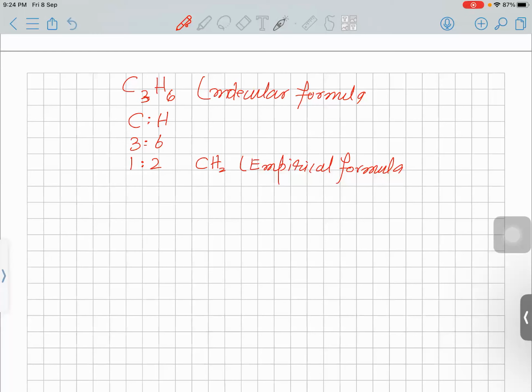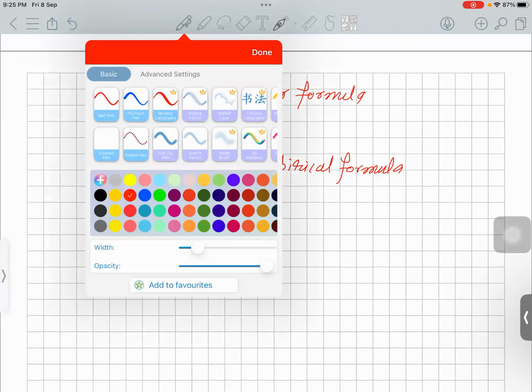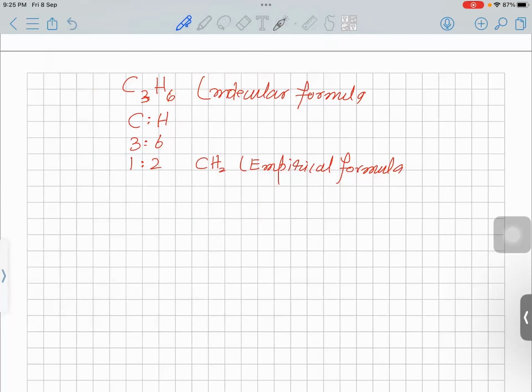Now look at another example. H2O. Now hydrogen and oxygen 2:1. So here empirical formula and molecular formula are the same.